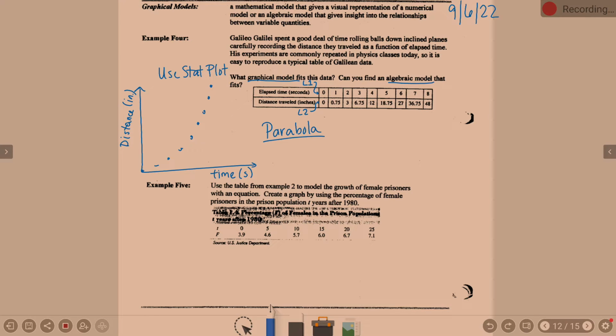Now, is it always exactly y equals x squared? No. It does look like this is centered at 0, 0, doesn't it? So it's not going to have anything added or subtracted to it. However, does it have the typical width? Does it go through 1, 1, 2, 4, 3, 9? No, if you look at these values, it doesn't go through that, does it?